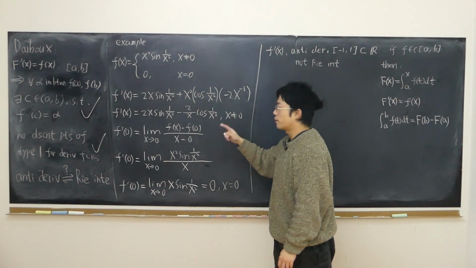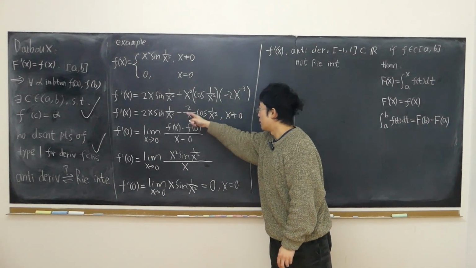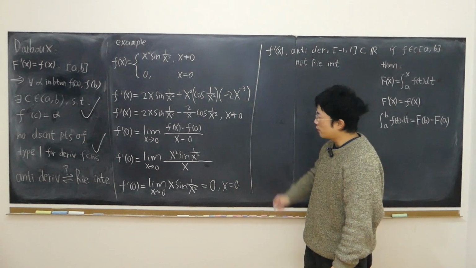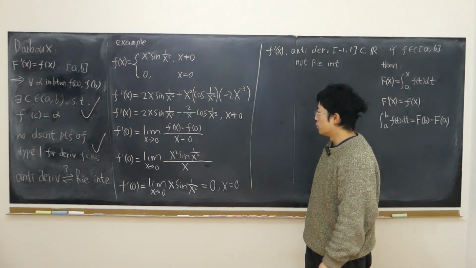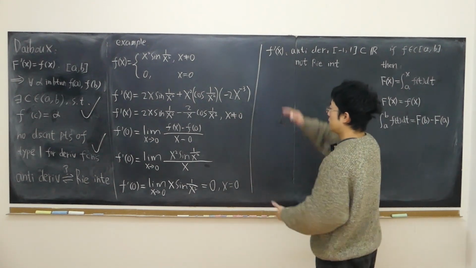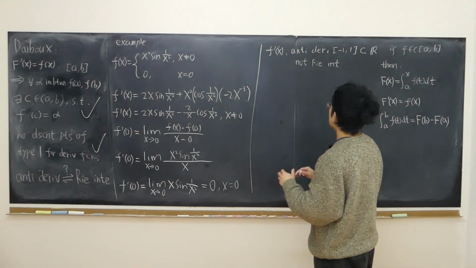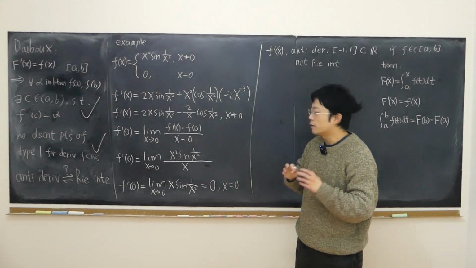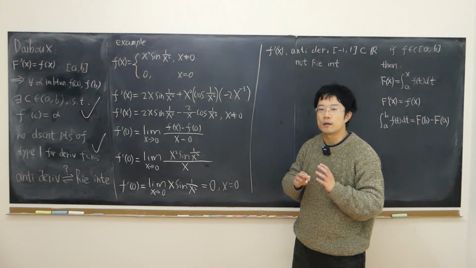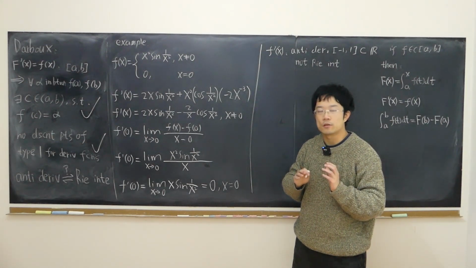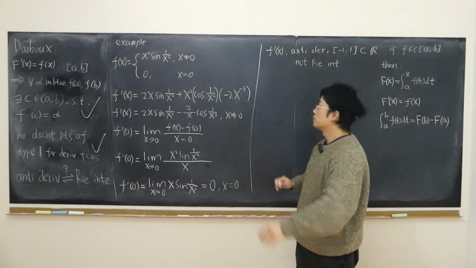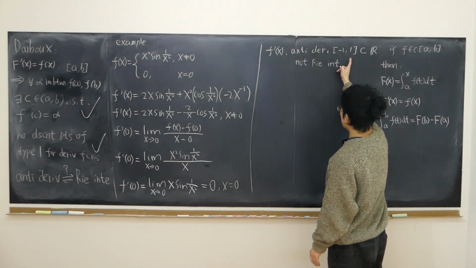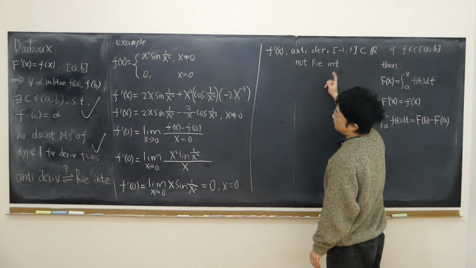When x is very close to 0, this term is very, very large. It's unbounded in any deleted neighborhood of 0. A necessary condition for a function to be Riemann integrable is that it has to be bounded over that interval, but over this closed interval it is already unbounded.